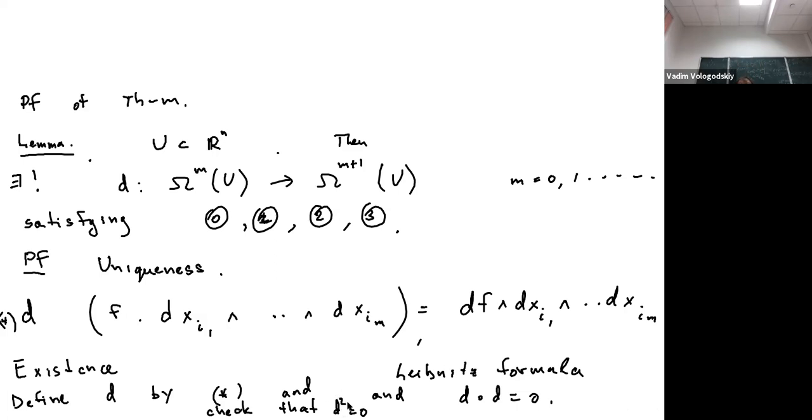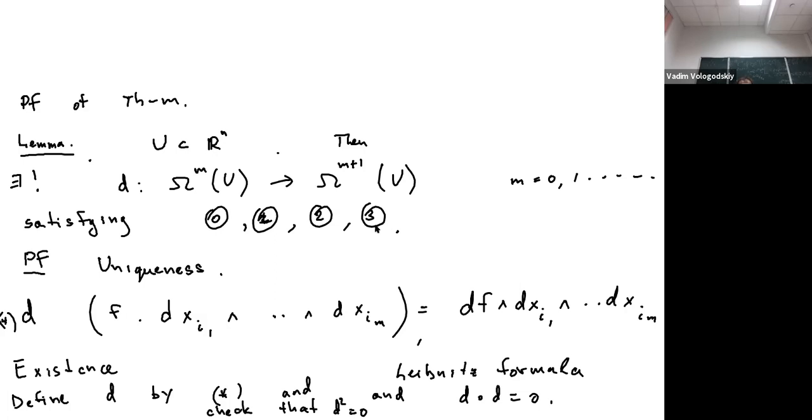D squared is 0 in the two-dimensional case, but it turns out that the same property implies 2 in general. And 3 is property C. The Leibniz formula is straightforward.